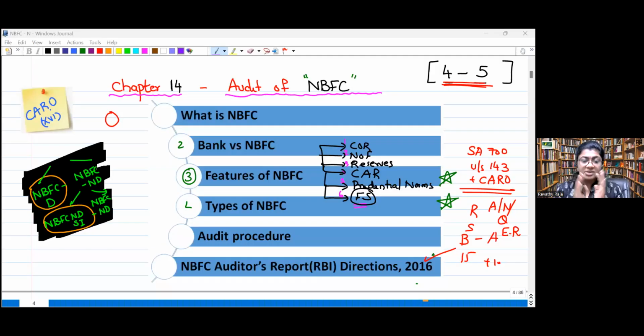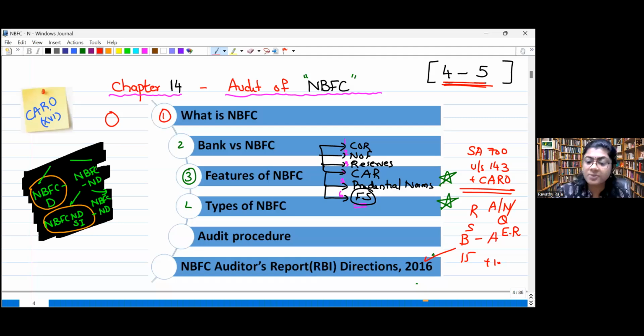Okay, audit of NBFC. NBFC is which chapter? Chapter number 14 in our material, and approximate weightage is 4 to 5 marks. First heading which we studied is what is NBFC?